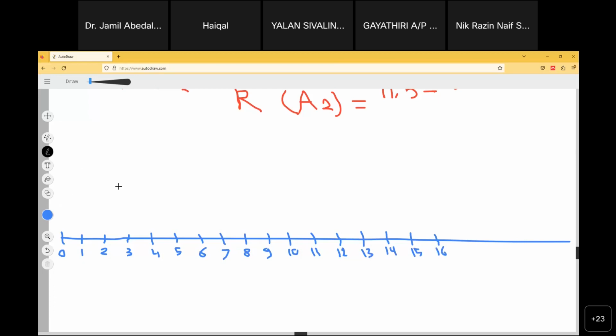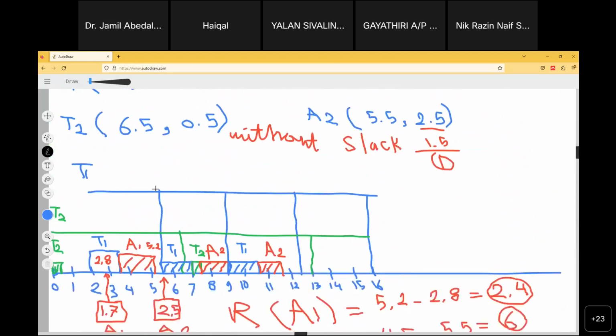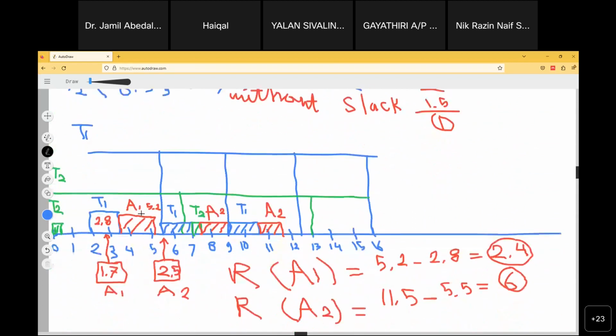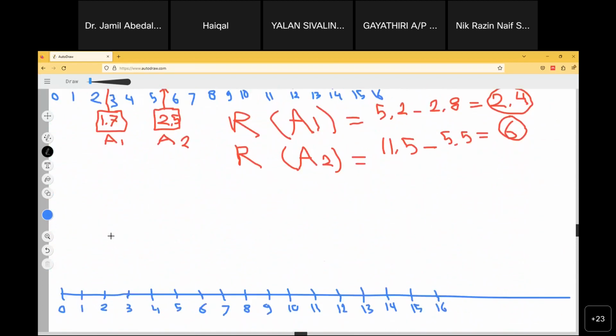Task 1 starting from 2. So we'll start from here.